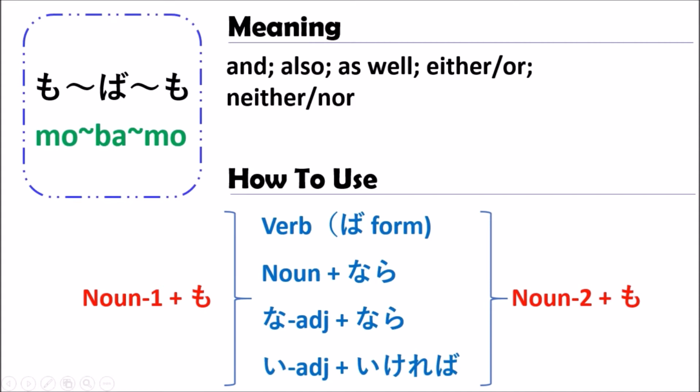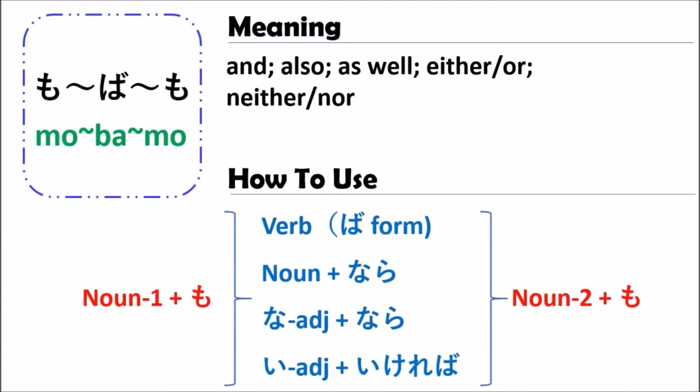That means first you should start with a verb or noun one and も, and you can use it with a verb, noun, and adjective. For the verb you should change to the ば form, and for the noun you change to the なら form, and for the adjective you can change to the なら. And the last one is the adjective, which you should change to the ば form, which means ければ, right?